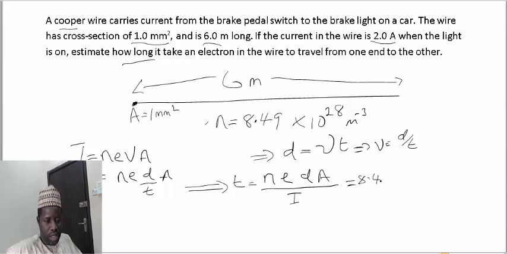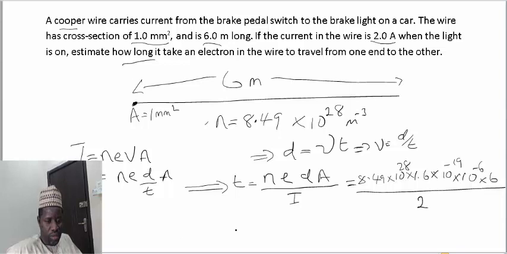n is 8.49 times 10 to the power 28, times e, which is 1.6 times 10 to the power minus 19, times the area, which is 10 to the power minus 6 meters square, multiplied by the distance, which is 6 meters, all over our total current 2.